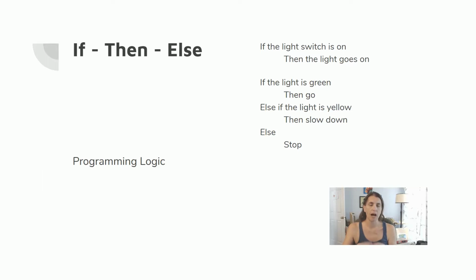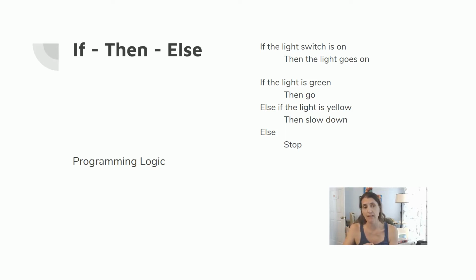And the reason I do something like this is because that means any color that might come through, whether it be blue or pink or orange, it will tell you to stop in case there is a bug in the system.